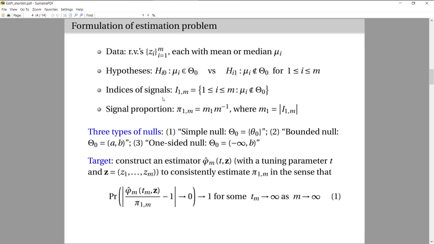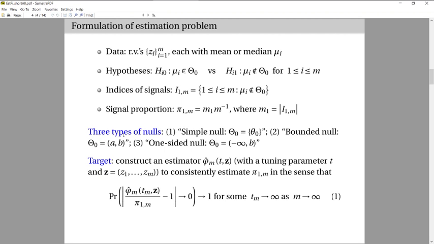The indices of signals contain i for which mu_i does not belong to Theta_0. And the signal proportion, denoted by pi_1m, is defined by m_1 over m, where m_1 is the number of signals and m is the number of hypotheses to test.